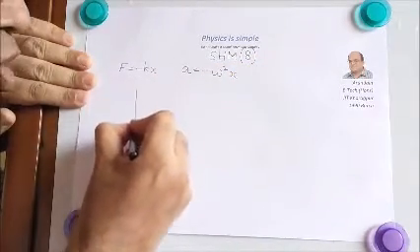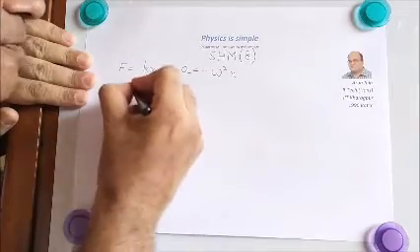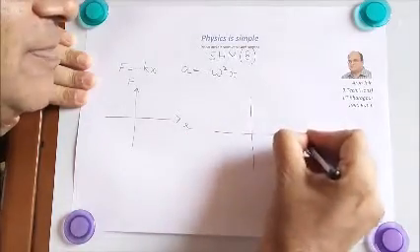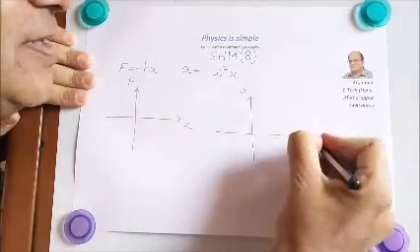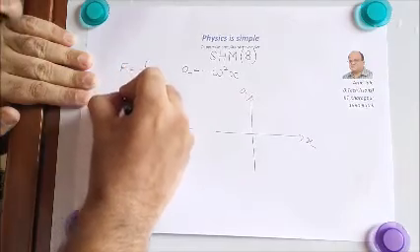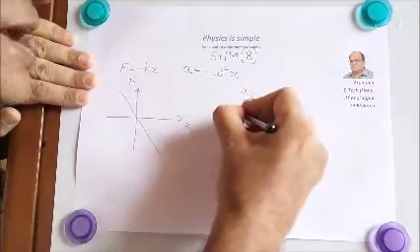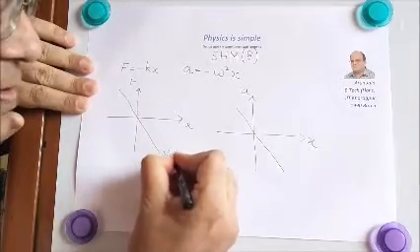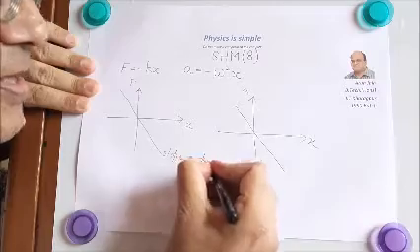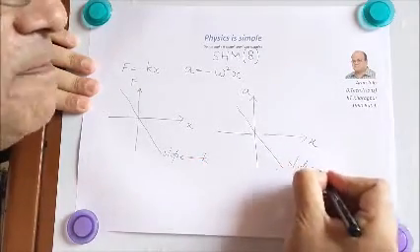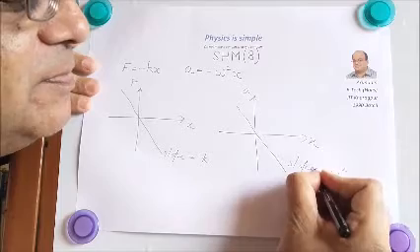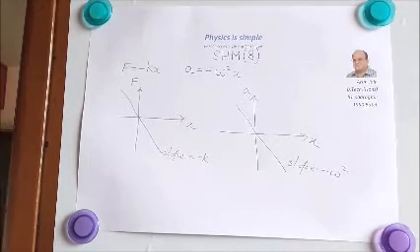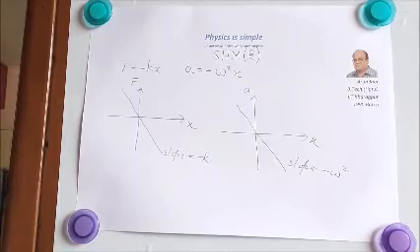Therefore, both the F-x graph and the a-x graph are straight lines passing through the origin with negative slope. Here the slope is minus k, here the slope is minus omega square. So both the F-x graph and the a-x graph are straight lines with negative slope.